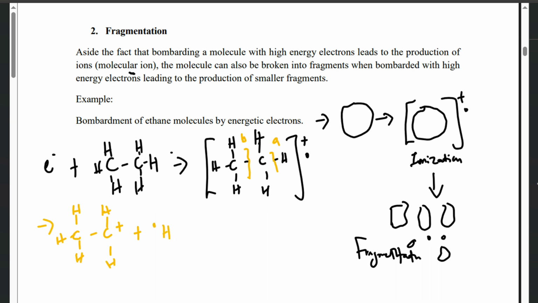We can also have CH3 positive radical, and the next one becomes this. These are different fragments that can occur. Basically, fragmentation can occur at any point.